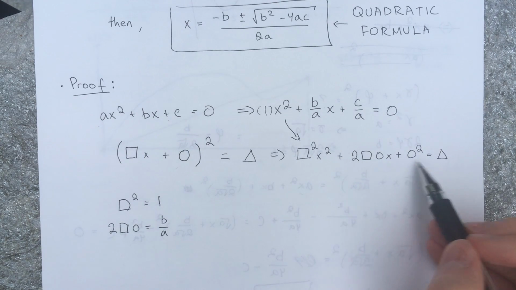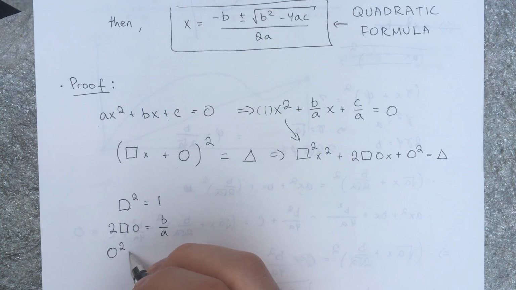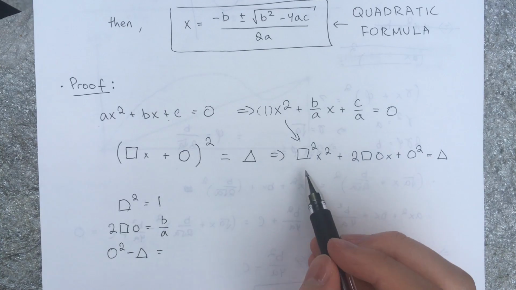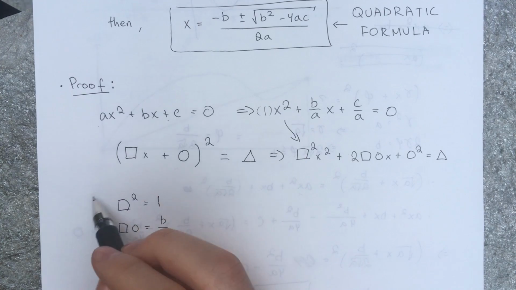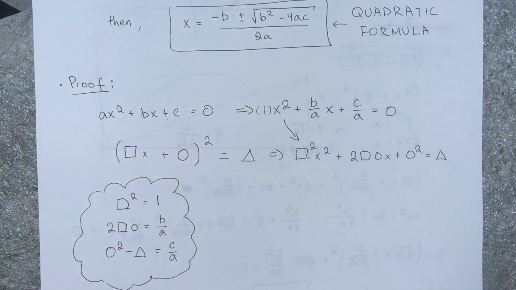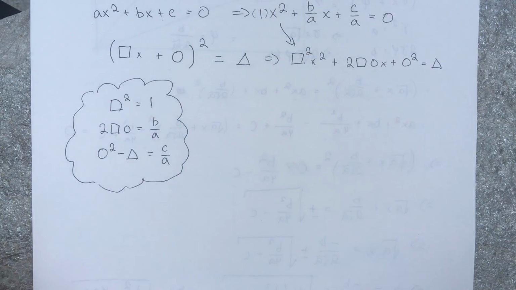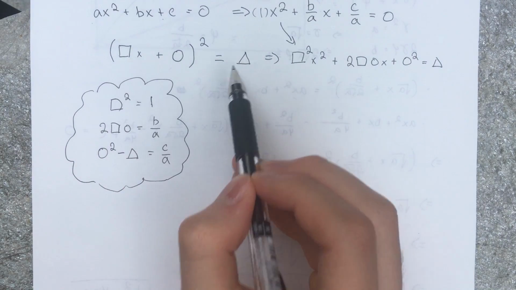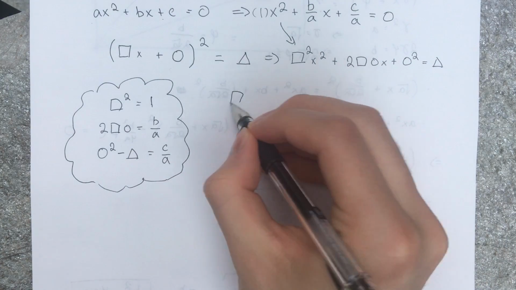And then if we move this over here, we're going to get circle squared minus triangle is equal to c over a. So here's a little set of equations, and we're going to need to solve them so we can accurately complete the square. So from this one, we're going to get square equals 1.